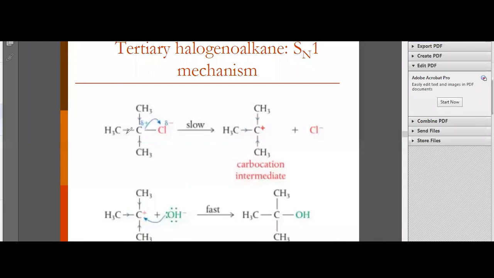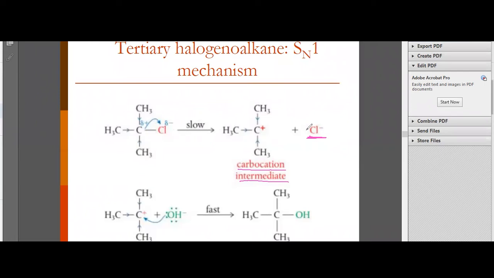What is the product when the C-X bond finally breaks? It will change to a carbocation intermediate, because the shared electrons go to Cl to form Cl minus, by heterolytic fission, forming a positive carbocation and Cl minus.